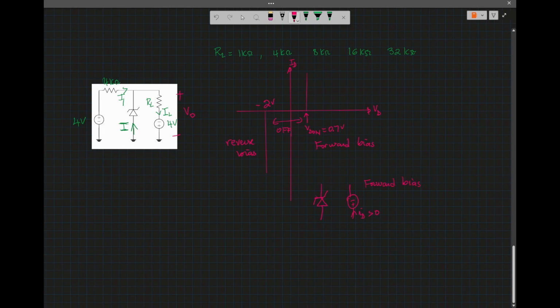Now when it's off, there is no current. So let's do the reverse bias.